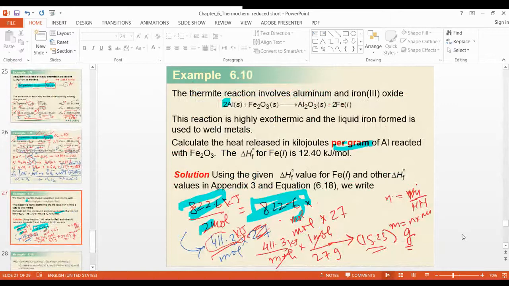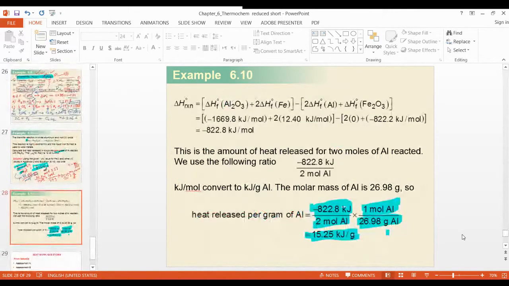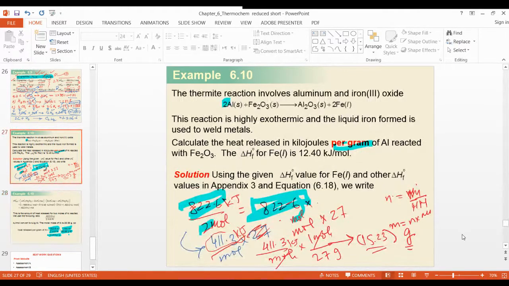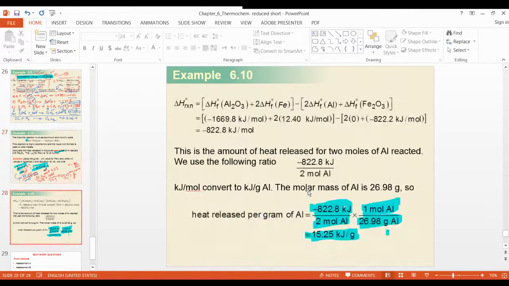This is the same example, but this is for 2 moles of aluminium, and in the calculation you calculate for 1 mole. So for 2 moles, whatever joules you get, divide by 2.